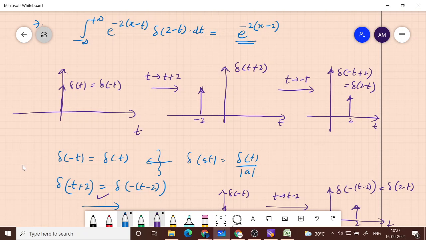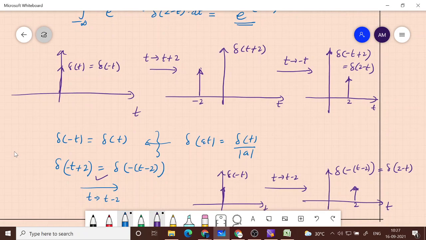How do you know that? This step is what tells you that you need to shift it to the right, because t is replaced with t minus 2. If you do t plus 2, you are going to get a wrong result.